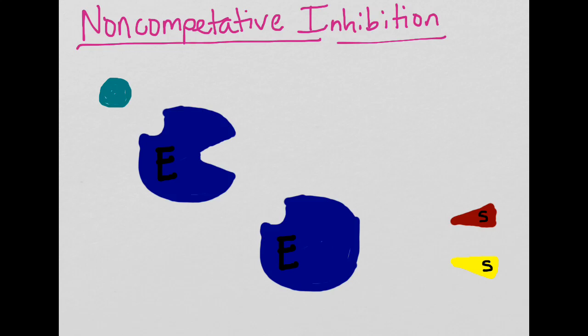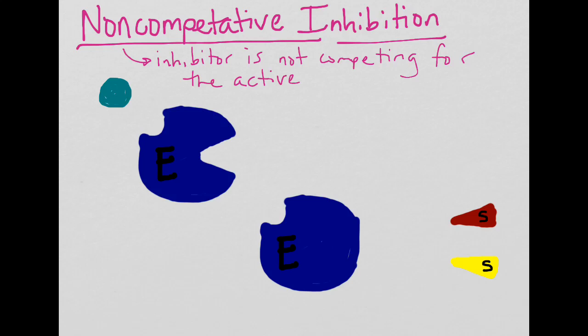But the non-competitive means that the inhibitor is not competing for the active site, and instead it attaches at that regulatory site, the allosteric site.